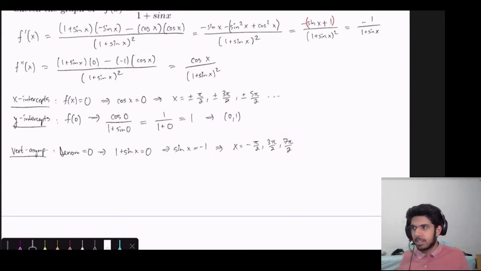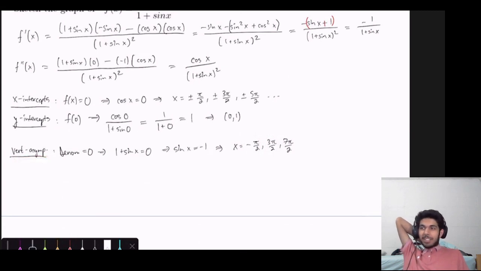Now, you might be noticing something. You're like, hey, wait a second, this negative pi over 2, I've seen that before. It's right here. And then there's this 3 pi over 2, and that's also here. You're like, wait a second, how can we have both an x-intercept and a vertical asymptote?